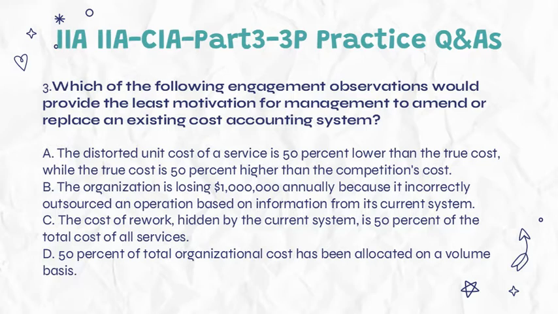B. The organization is losing $1 million annually because it incorrectly outsourced an operation based on information from its current system. C. The cost of rework, hidden by the current system, is 50% of the total cost of all services. D. 50% of total organizational cost has been allocated on a volume basis.